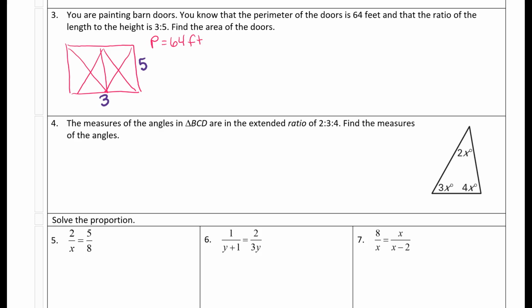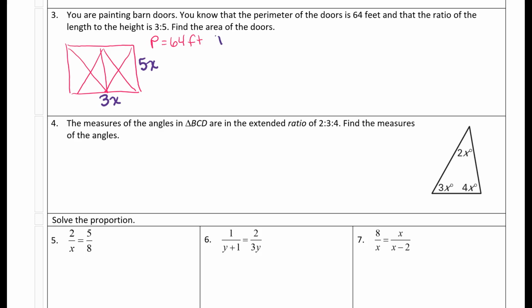So our picture is probably not to scale, but we can still use this from 3 to 5. So the strategy that we would do is we don't know what these are, but we do know it's a 3 to 5.